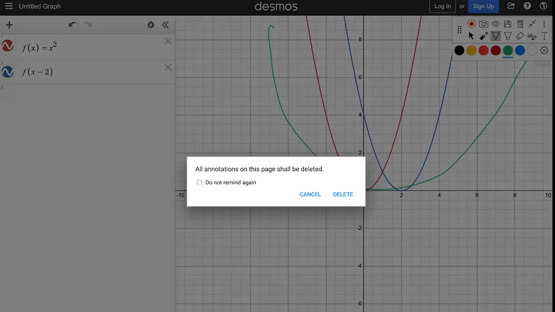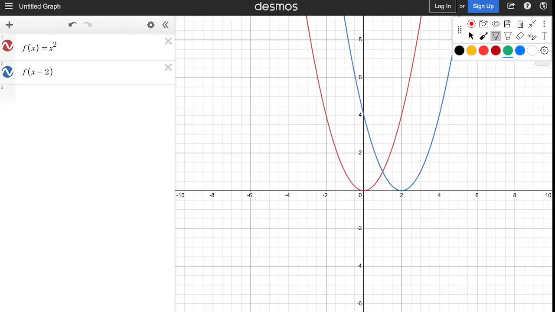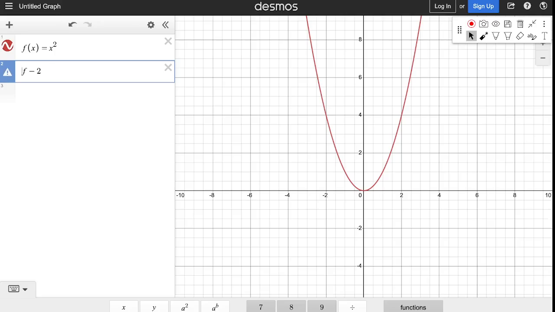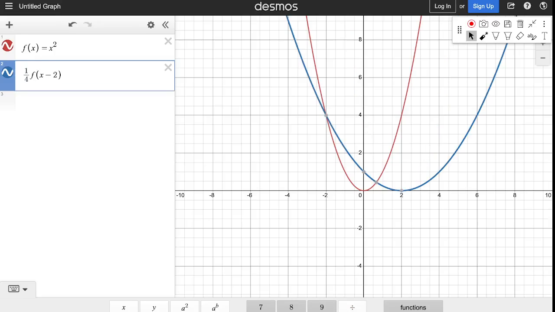It should look wider, because that's what a vertical shrink does. So we come to the front. Oops, what happened there? Lost my x's. Okay, see if it works. We're going to put in 1 divided by 4 in the front, and it does, it's made it wider. So that is a shrinking vertically.